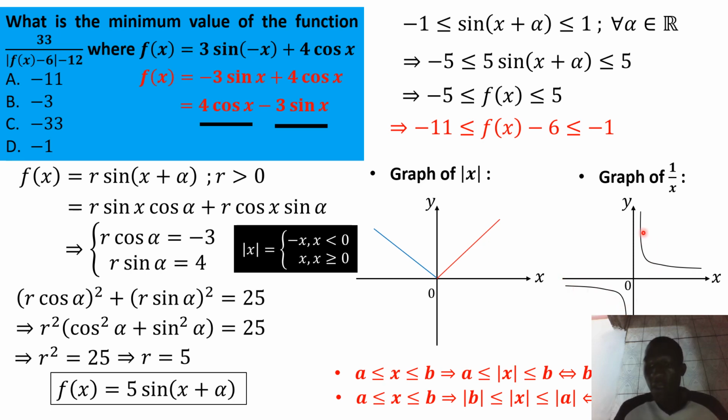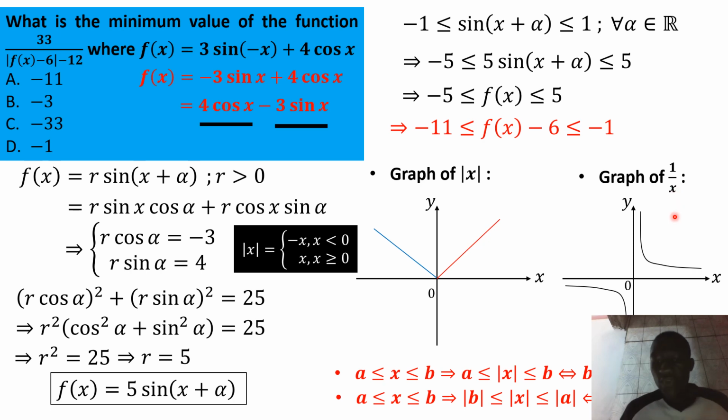For example, we know that 1 is less than 2. But if I take 1 over 1, it's not going to be less than 1 over 2. Rather, I'll have that 1 over 2 is less than 1 over 1. You see the function I'm applying here is 1 over x, and it is decreasing. That's why our inequality signs will change, or we just switch our bounds.